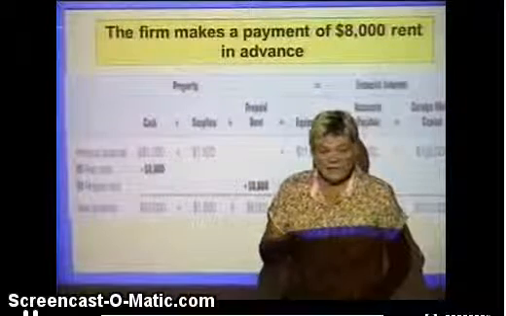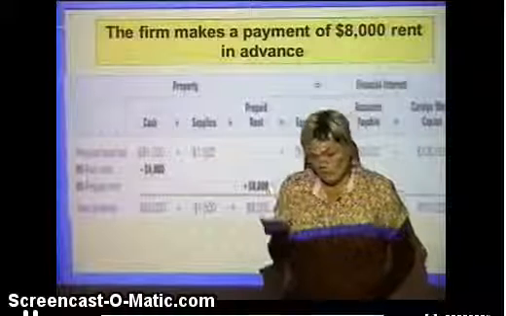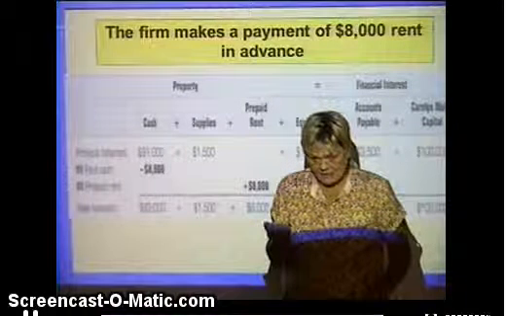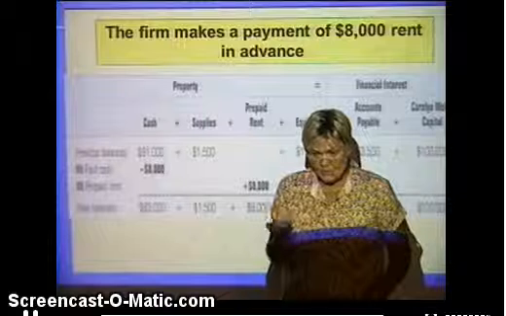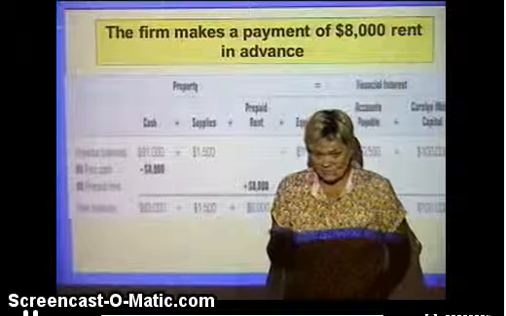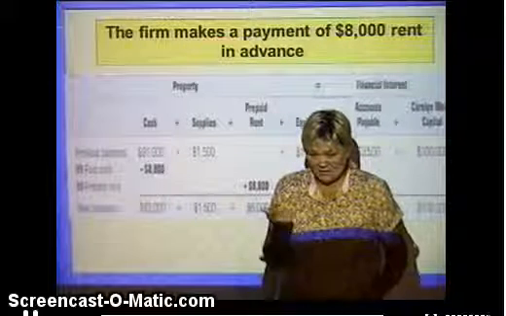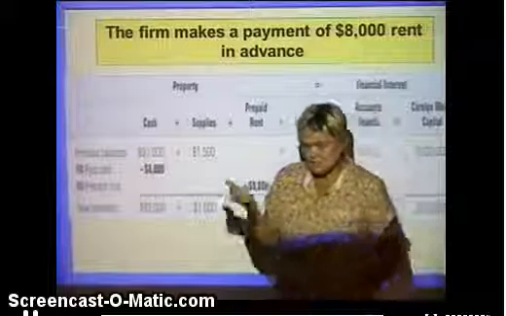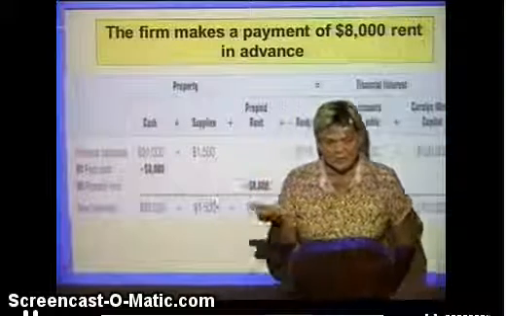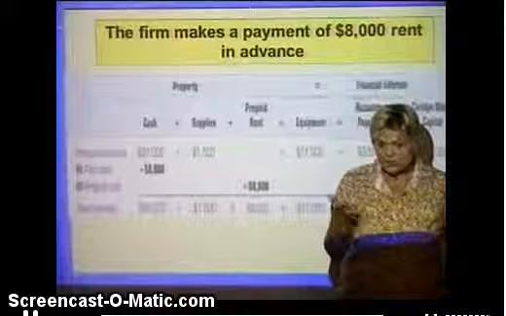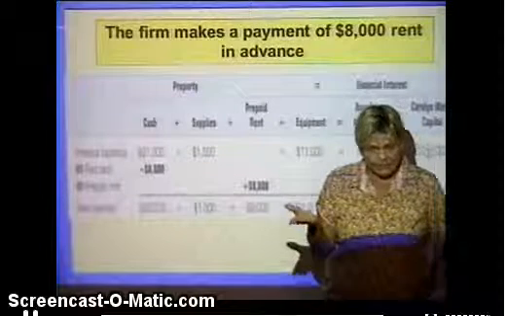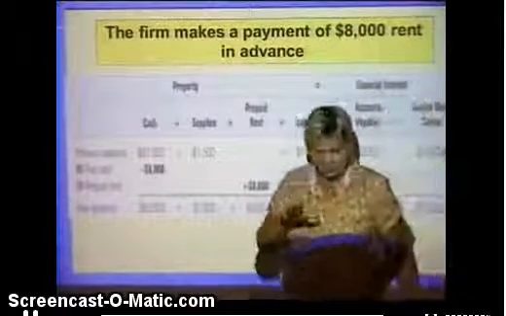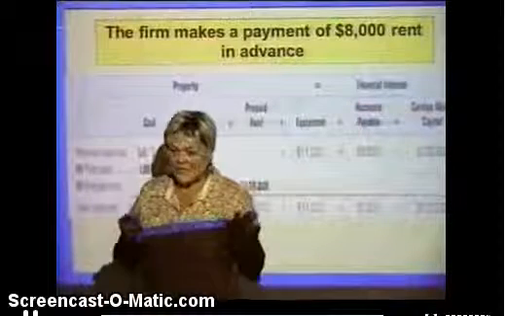It's an asset to us because we own 2 months' rent and haven't used it up, just like the supplies are an asset to us because we bought them and haven't used them up. Then just like with supplies, as we use up the rent, it's treated the same way. We make an adjustment for that month and then take it out on the other side, out of our revenue. Get the relationship?